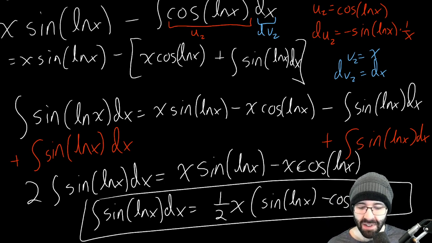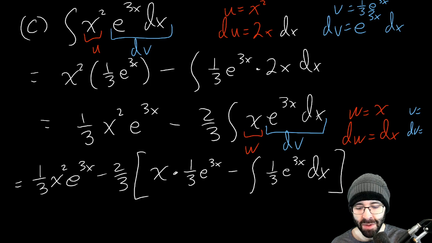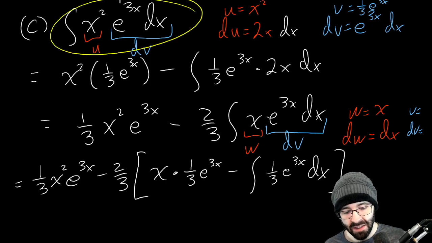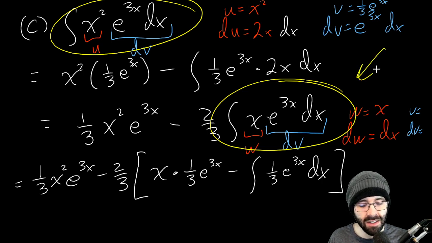Again, an example of if you do mess up would be like a problem like this, where you started with this. And then when you get to here, if you choose the wrong u and dv in this second gold circle, you will actually get back to where you started, and it'll be a disaster.